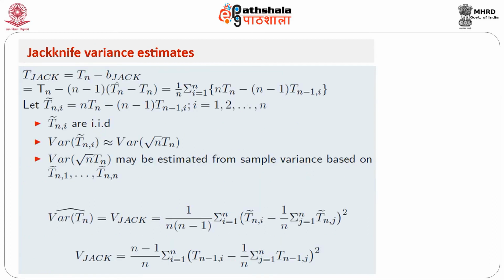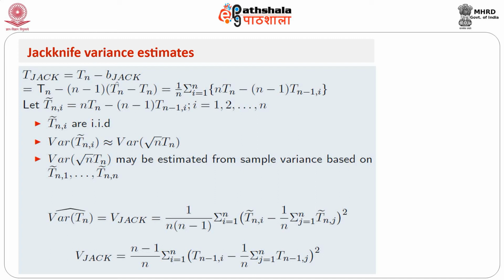Now, we can use jackknife to construct variance estimators. If we remember, T jack is Tn minus B jack, and if we write it out, it comes in the form of Tn minus n minus 1 times Tn hat minus Tn.